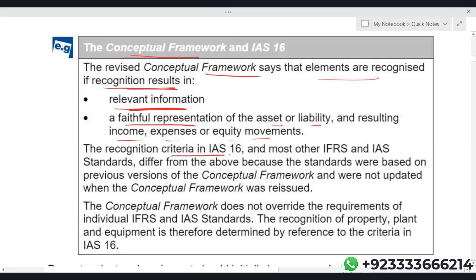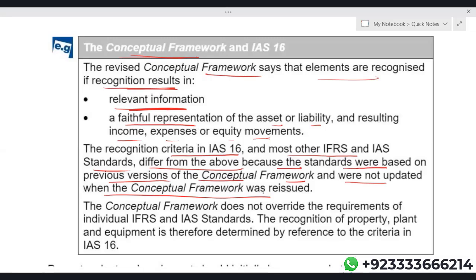The recognition criterion in IAS 16 and most other IFRS and IAS standards differ from the above because the standards were based on the previous version of the conceptual framework and were not updated when the conceptual framework was reissued. Now listen very carefully, very important concept.